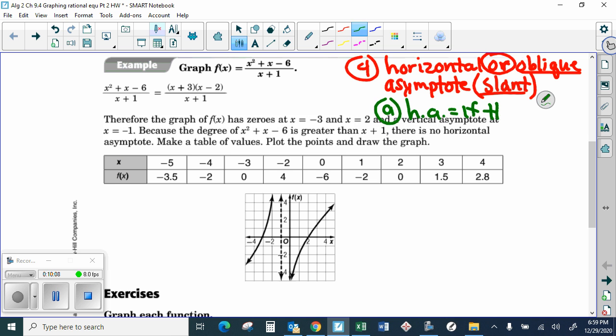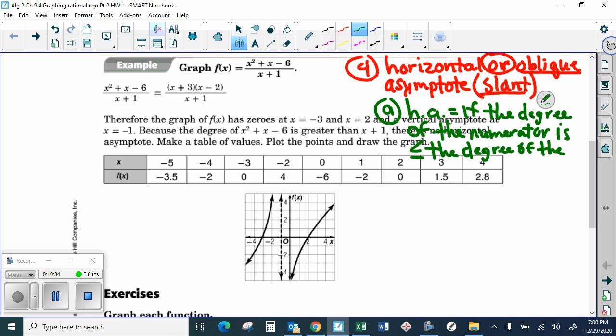If the degree of the numerator is less than or equal to the degree of the denominator, then horizontal asymptote.